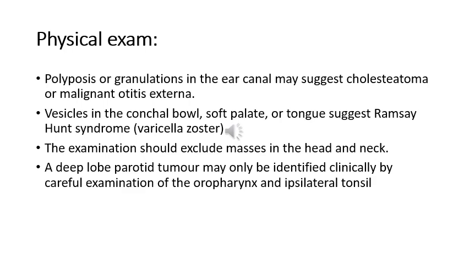The examination should exclude masses in the head and neck. Then a deep lobe parotid tumor. If a parotid tumor is present, you have to identify it clinically by careful examination of the oropharynx and the ipsilateral tonsil, or the tonsil of the same side of the affected face.